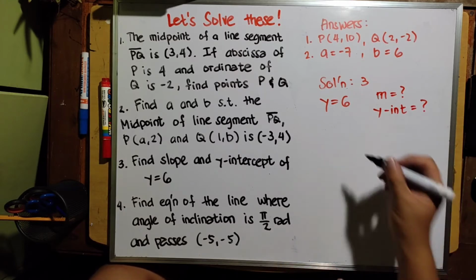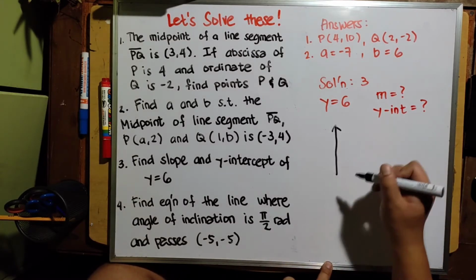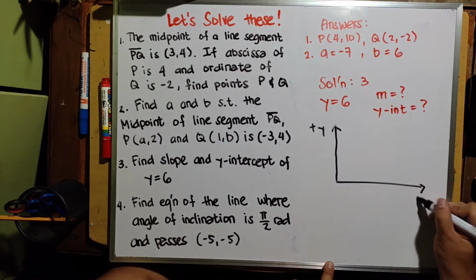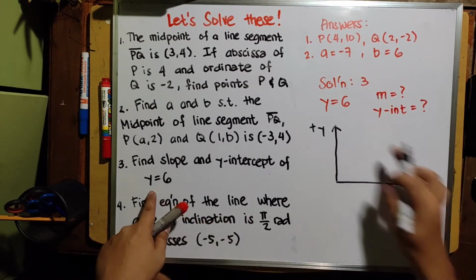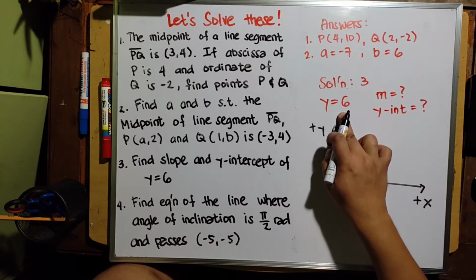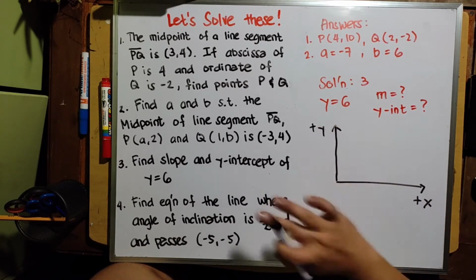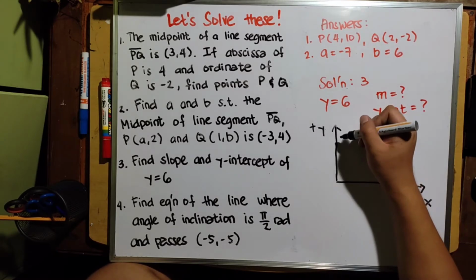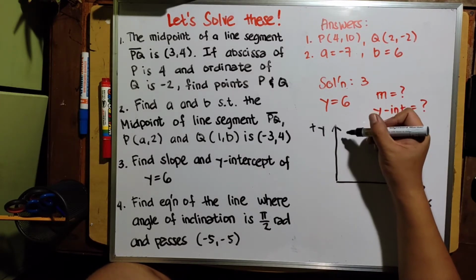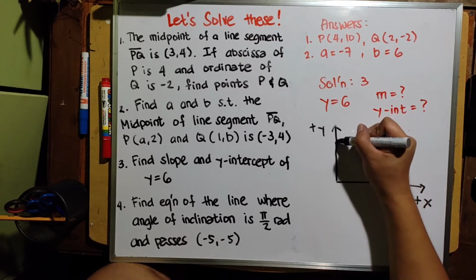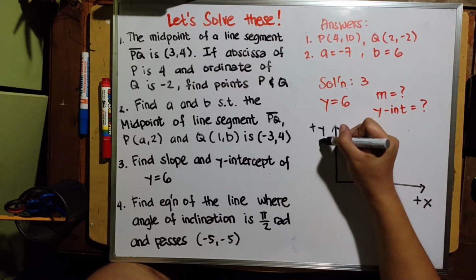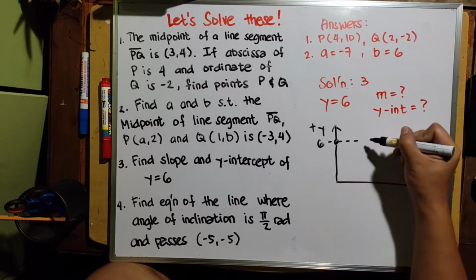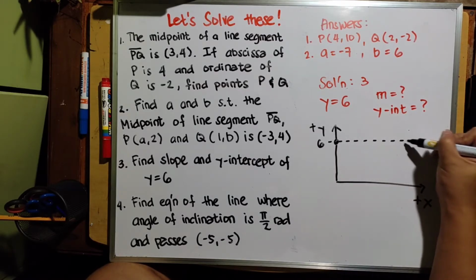To graph y equals 6, assuming this is positive y and positive x, sabi dito, y is equal to 6. Meaning, the value of y is 6 regardless of the value of x. So, the graph of y equals 6 is this. If this is 6, then this is the graph of y equals 6.